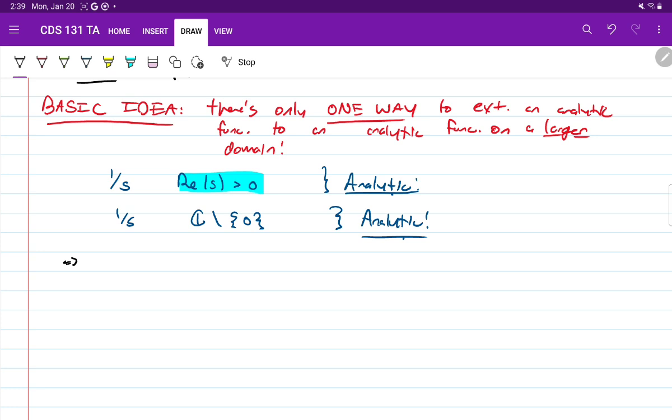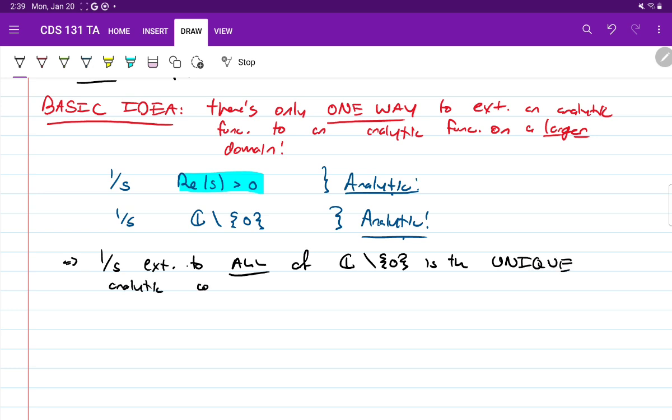What this tells us is that 1 over s extended to all of C minus the origin is the unique analytic continuation of 1 over s on real part of s greater than 0. So it's the only possible function which is still analytic and agrees with 1 over s on the real part of s greater than 0.